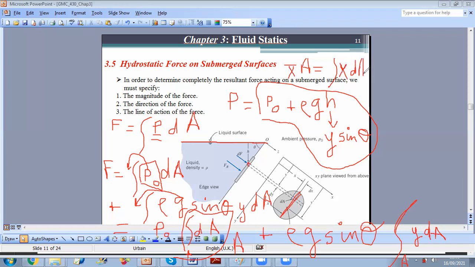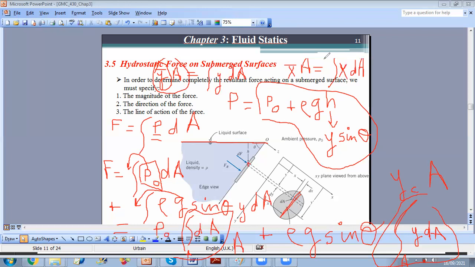And if I want to find y bar, what did we do? y bar times total area equals the integral of y dA. So I conclude that I can replace here the integral of y dA by what? By y bar, which is the coordinate of the centroid of the area, times the area. So this integral can be replaced by y at the centroid of the area times the total area A.